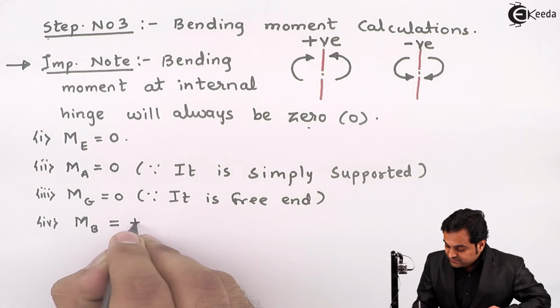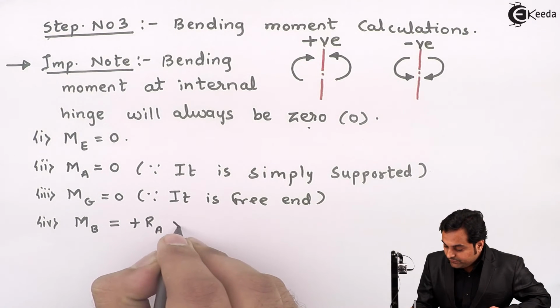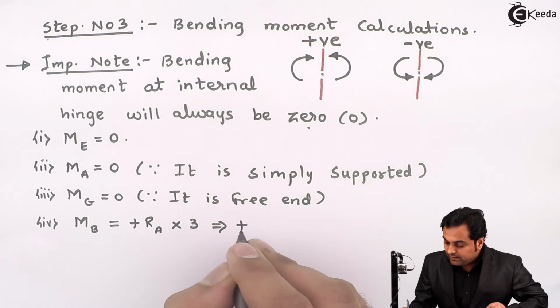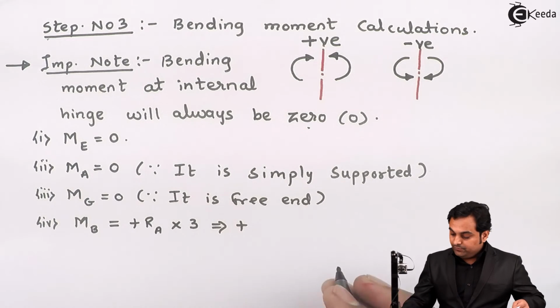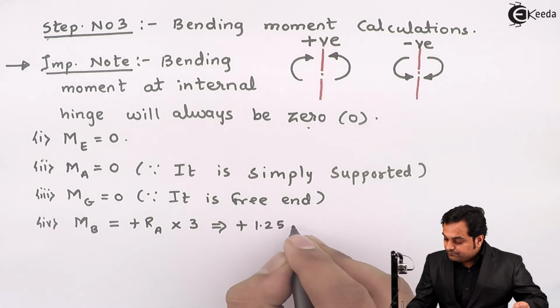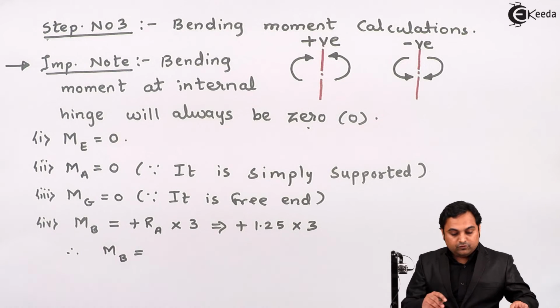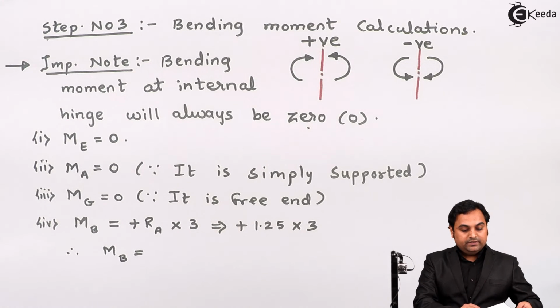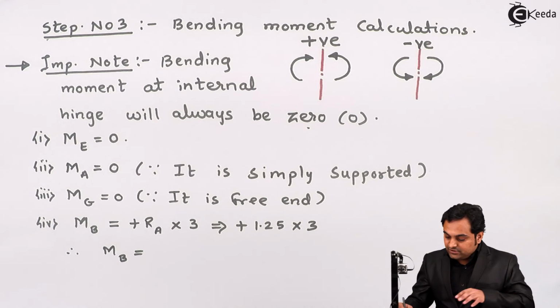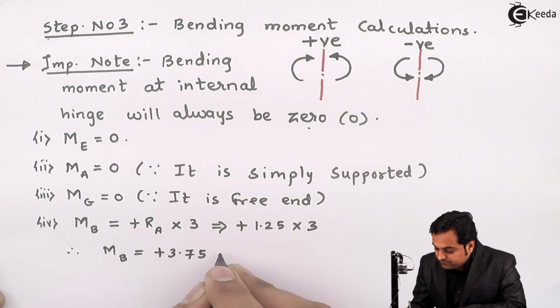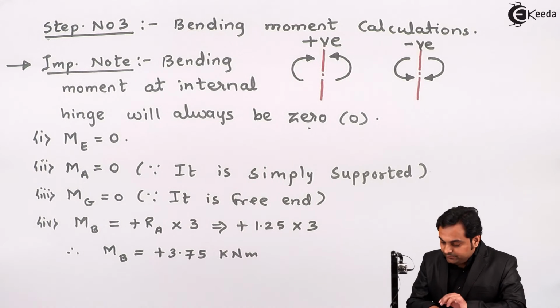So this is plus RA into 3. RA value is 1.25. So moment at B, that will be plus 3.75 kilonewton meter.